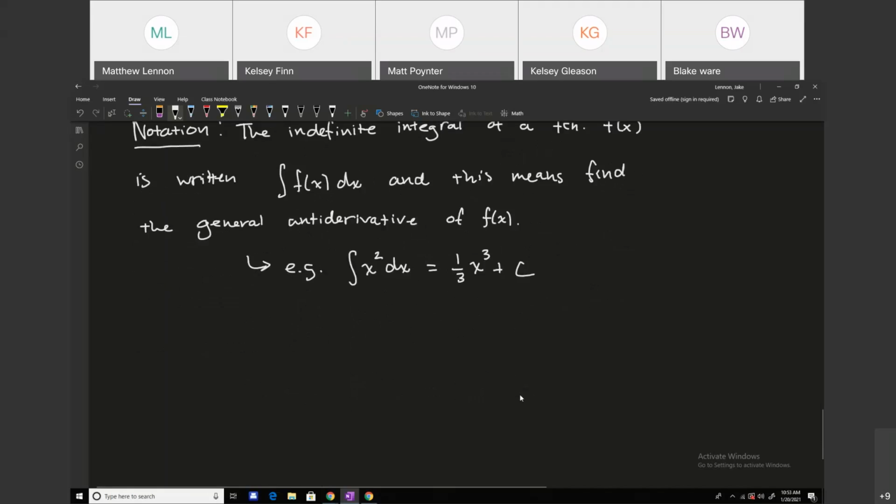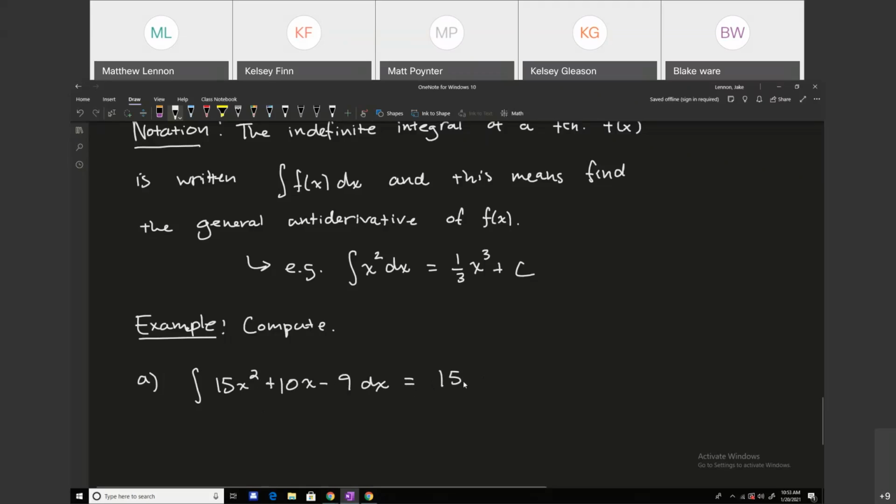Okay, so let's do 2 more examples using those rules. Example: compute. A, let's say I'm finding the integral of 15x squared plus 10x minus 9 dx. We just use the rule on each of the 3 terms.